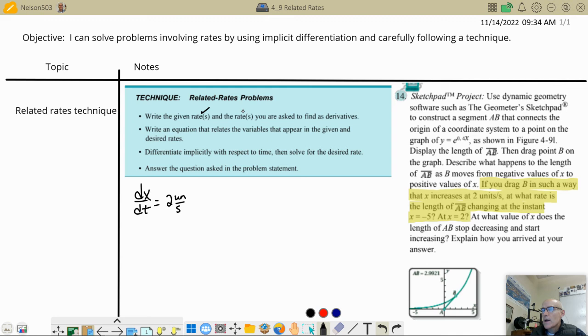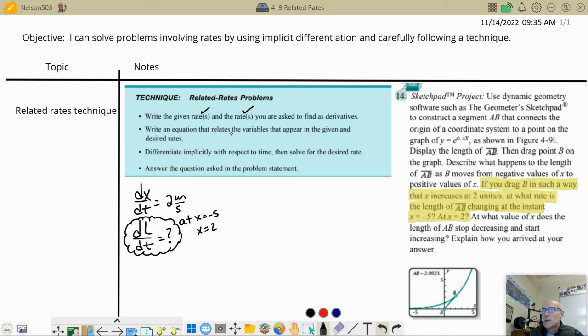The rate we're asked to find is the change in the length of the segment with respect to time. That's what we're supposed to find. How fast is the length AB changing at the instant when x is -5? So at x equals -5 and at x equals 2, we're supposed to find dL/dt. So I've taken care of that first bullet in our technique.